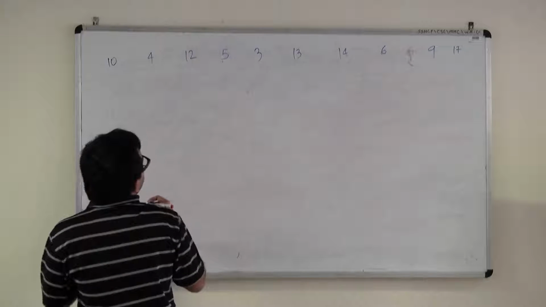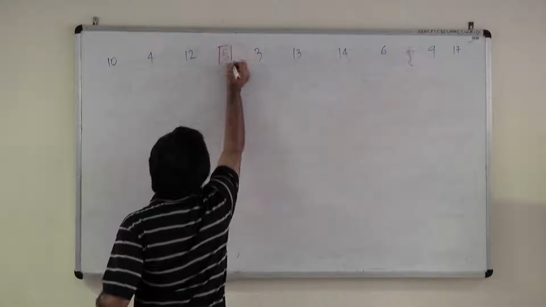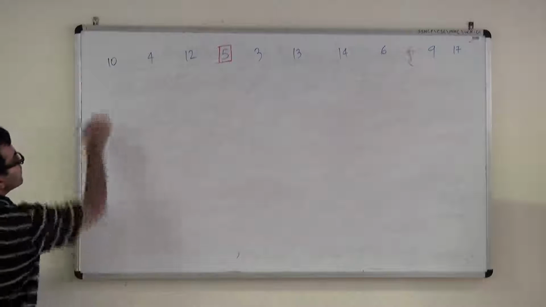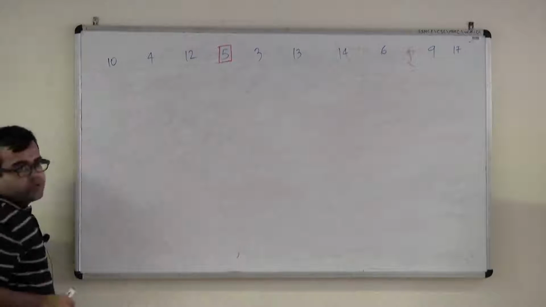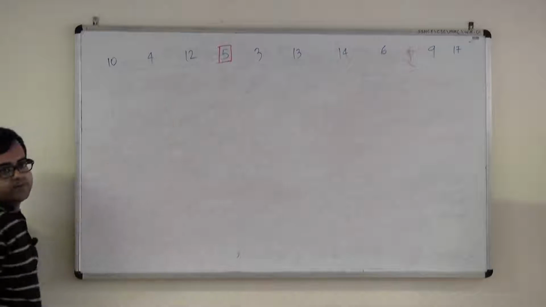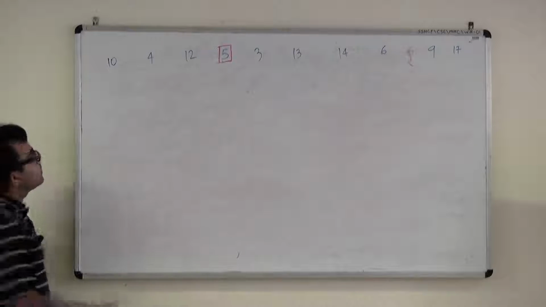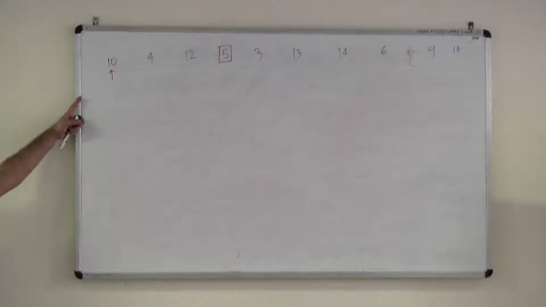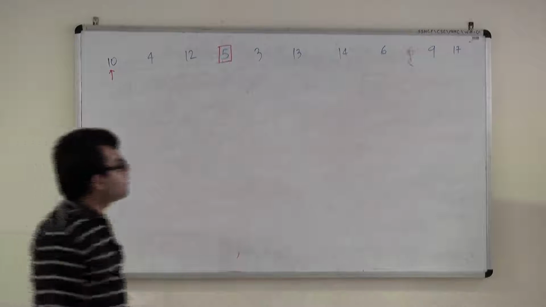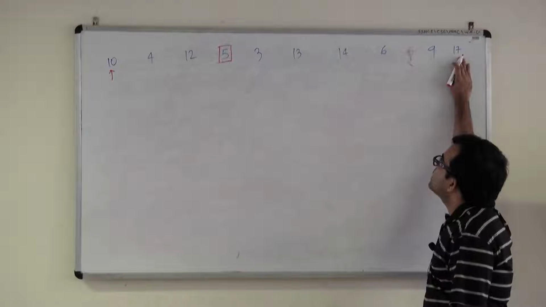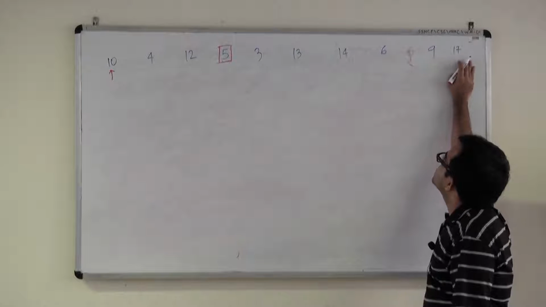Okay, so now suppose you need to take 5 as a pivot and do this thing. What will you do? Start from the left, find the first number that is larger than 5. So 10 is the number. Now 10 should not be to the left of 5. 10 should be to the right of 5. Right? Now start from the right and find the first number that is smaller than 5.